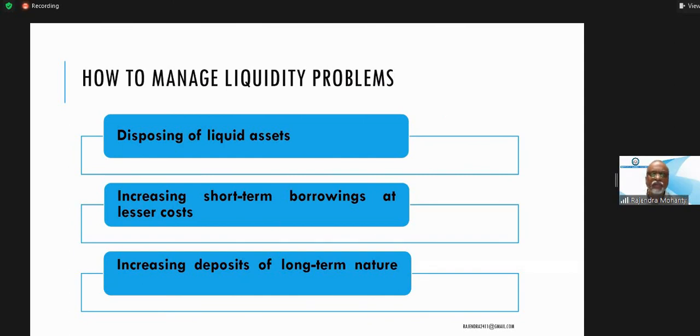And also banks with a strong balance sheet, like SBI or bigger banks. That means you have a stronger liquidity capacity, you have a stronger balance sheet.